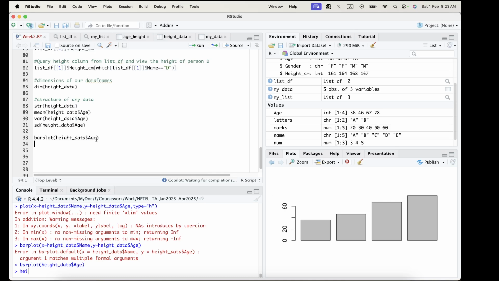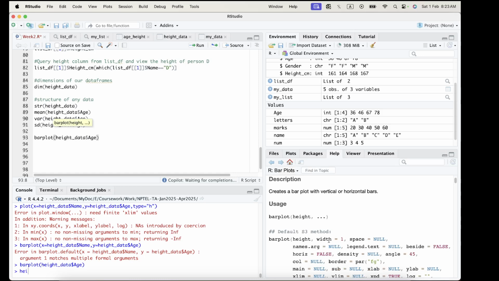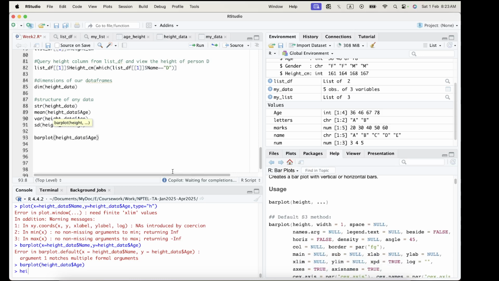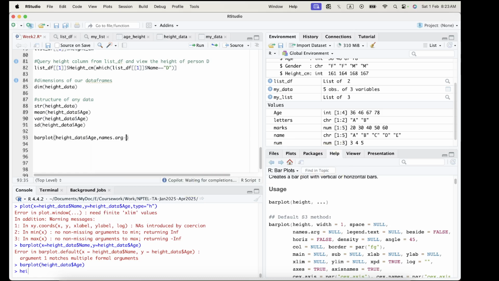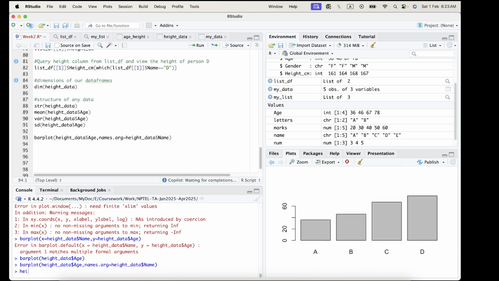This corresponds to A, this corresponds to B, this corresponds to C, this corresponds to D. If I want names, I use names.arg equal to height data $name.